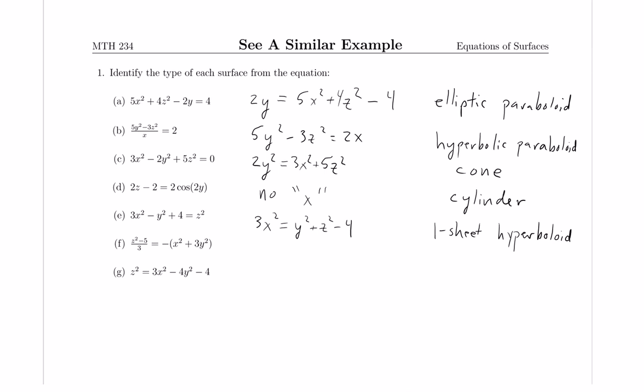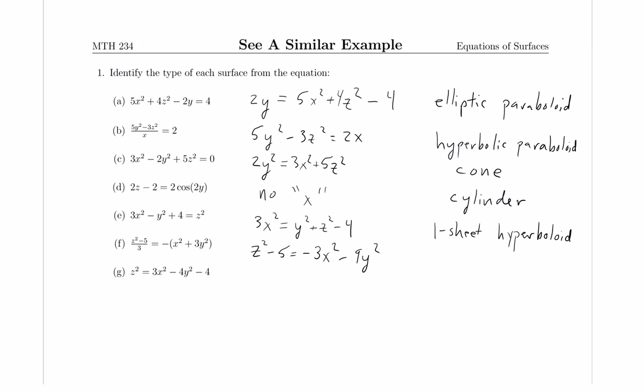Okay, on to part F. Maybe first let's multiply the 3 to the other side. So we'll get something like z squared minus 5 is minus 3x squared minus 9y squared. And then maybe let's shuffle things around a little bit more, completely get rid of the minus signs.